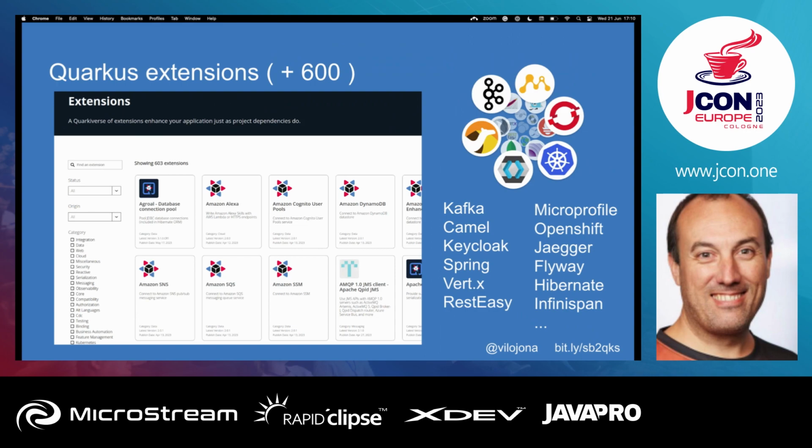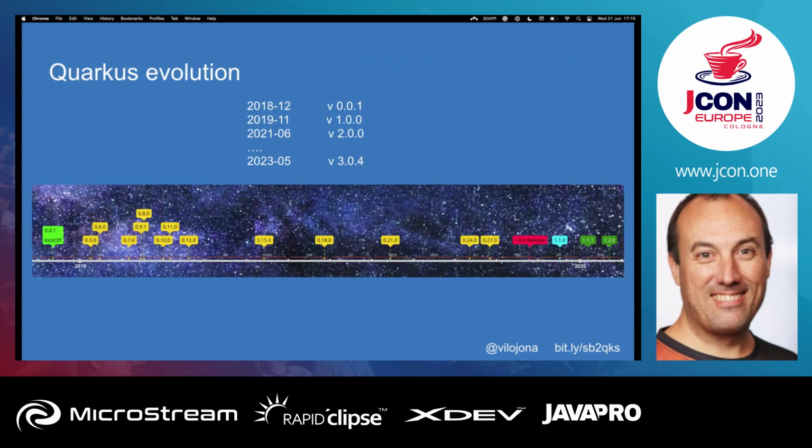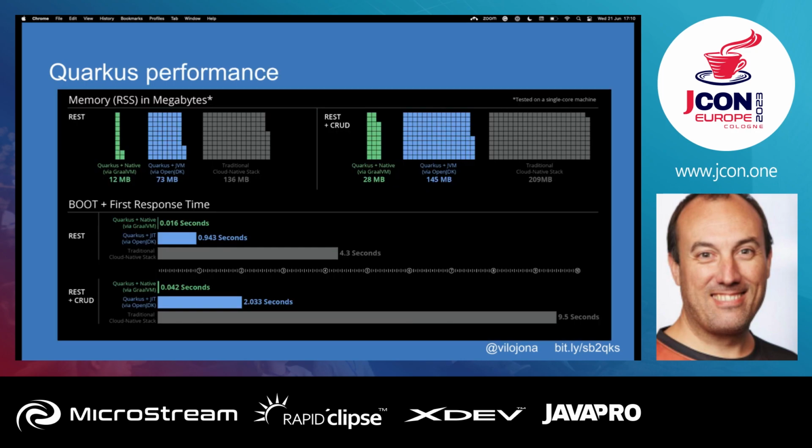You can check them in their website. Quarkus started at the end of 2018, and they have released lots of versions. Now, in May, they released the 3.0.4 version. So they are releasing constantly and with a lot of new features inside.